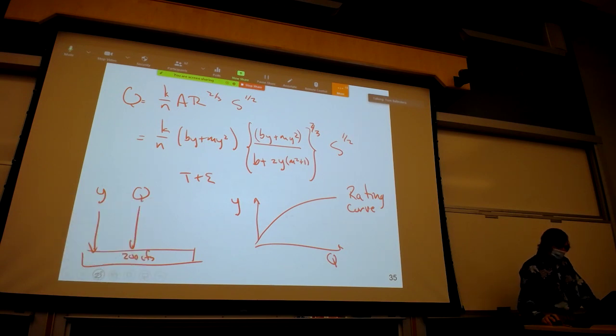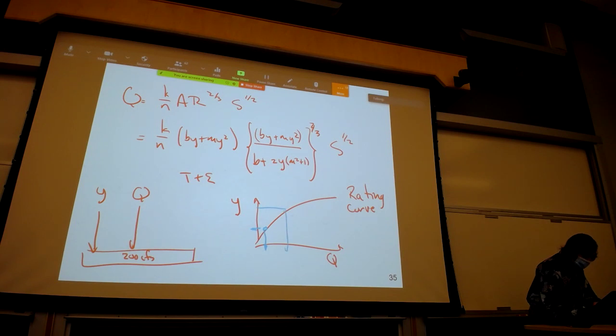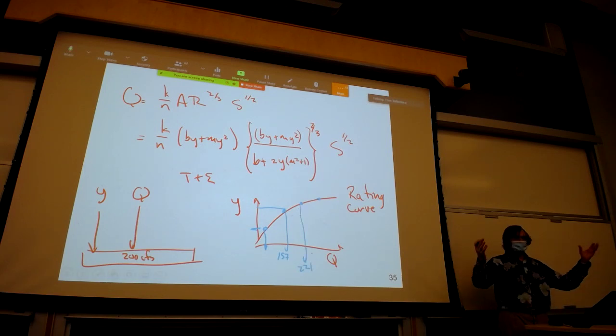And so what you're doing is basically guessing values of depth of flow and calculating a Q. So you're guessing at these blue dots. And if, for example, this one were to be 157 CFS, and this one were to be 221, you know that the 200 CFS is somewhere between those two depths.